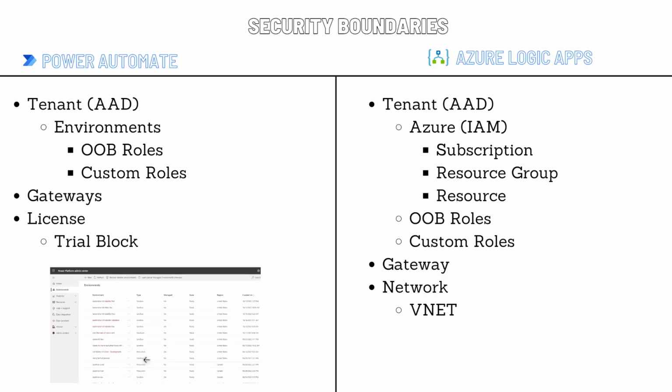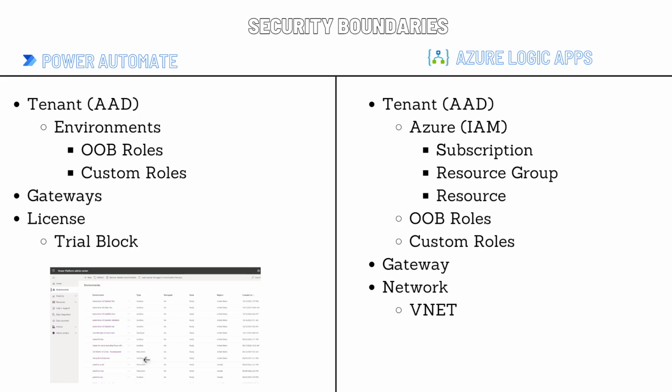Once again, you can use that to traverse security boundaries, or essentially prevent it too, if you impose blockages of gateways itself. And then lastly, and we'll talk much more about this on the next slide, we've got VNet support with Logic App Standard, where you can now create a larger security boundary by being able to include other resources, whether those be Azure infrastructure or PaaS services, or even on-premises resources as well.